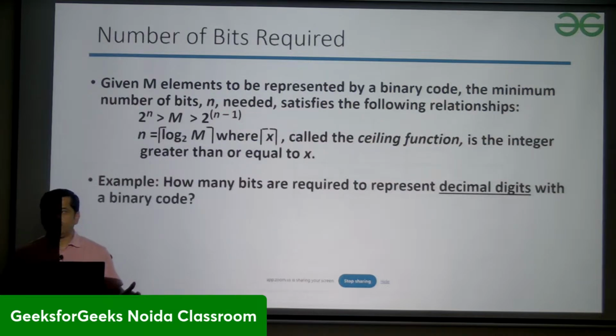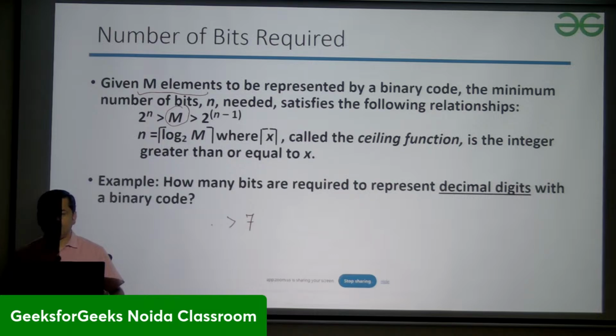Regarding the number of bits required, we have already discussed that a compact number of bits must be selected for representing the information, as we saw in the previous example of 8086 addressing mode. There, 20 address lines can represent 0 to 2 to the power 20 addresses. So m will represent the number of elements. In the previous example you had 7 pieces of information, so m is 7 here.